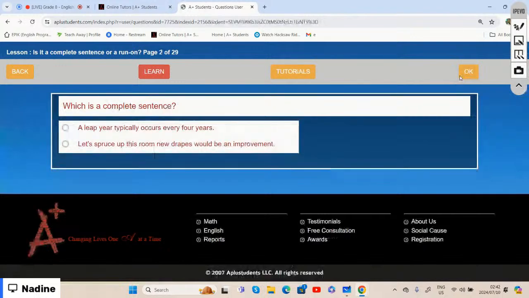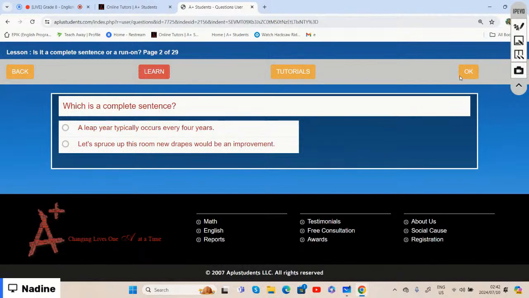All right, the next one is we need to say which is a complete sentence, which has a subject and a verb and expresses a complete thought. It says, a leap year typically occurs every 4 years. Or do we say, let's spruce up this room. New drapes would be an improvement.